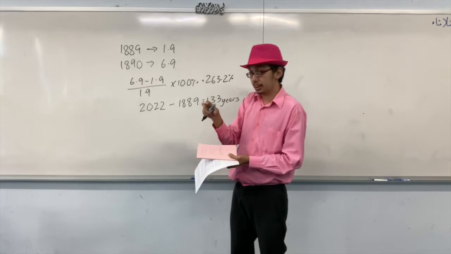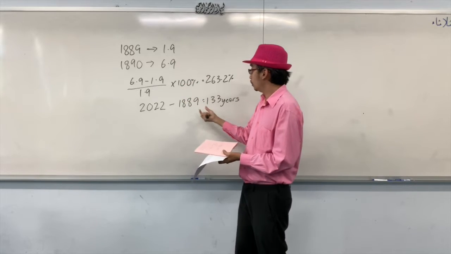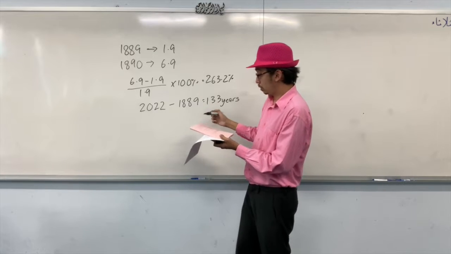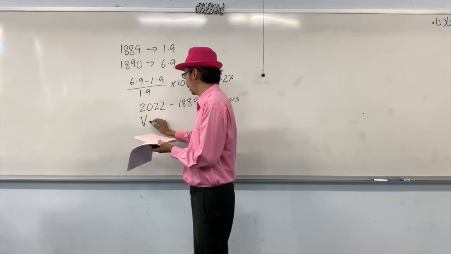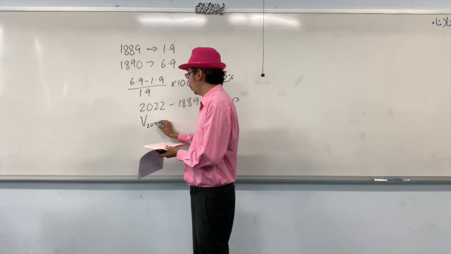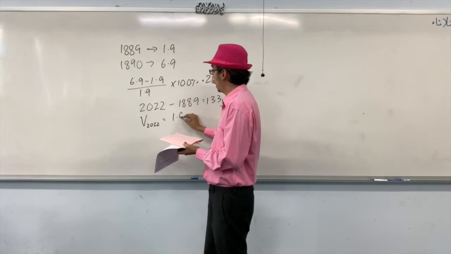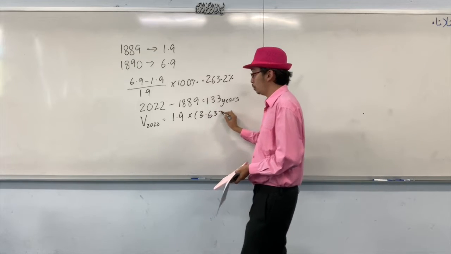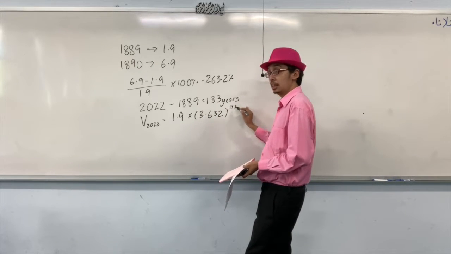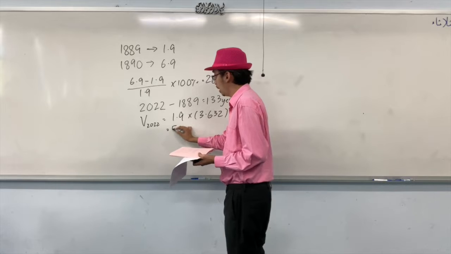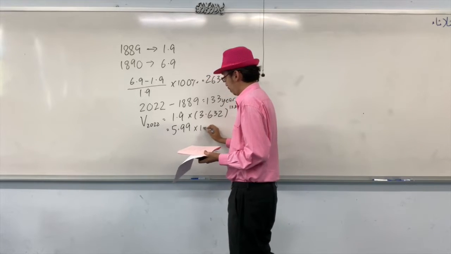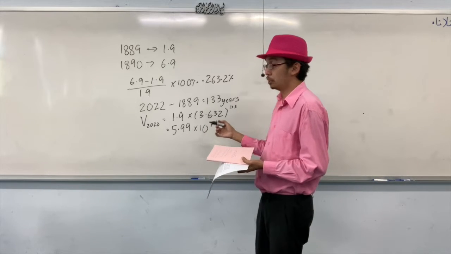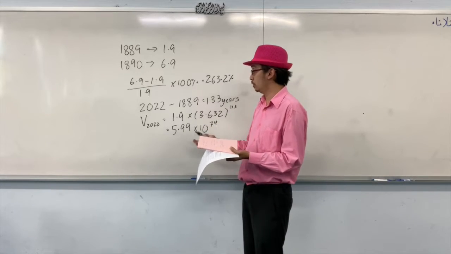So the number of years coincides with the power, and you need to raise it to the power 133. The visitors in 2022 equal 1.9 million times 3.632 to the power of 133. This gives an answer of 5.99 times 10 to the power 74. You can write it as 6 times 10 to the power 74, rounded up.